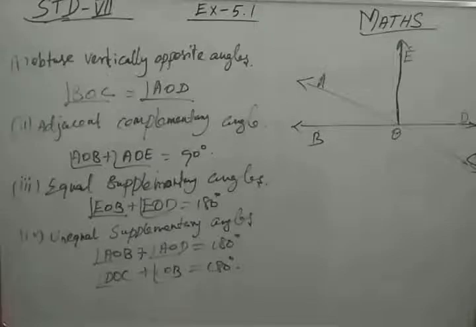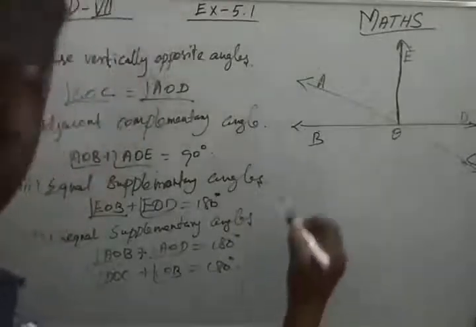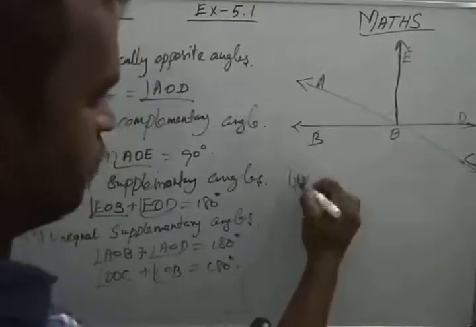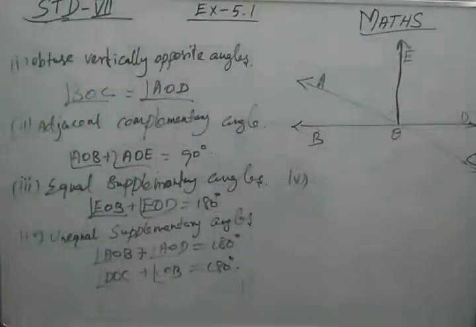Okay. Next, the fifth one was adjacent angles that do not form a linear pair. When we are taking adjacent angles, they should not form a linear pair. That we have to see. First, we have to take AOB. I will write only the answer.